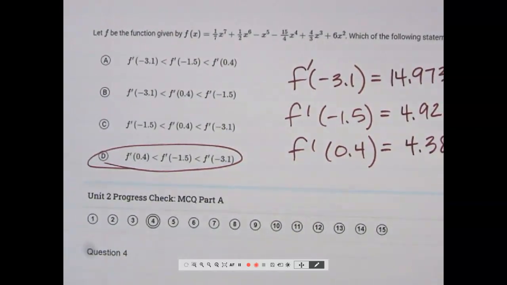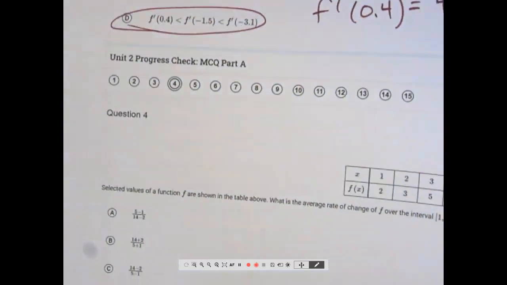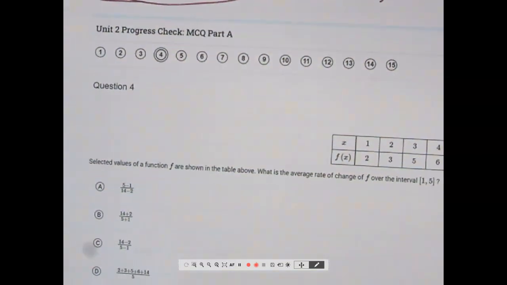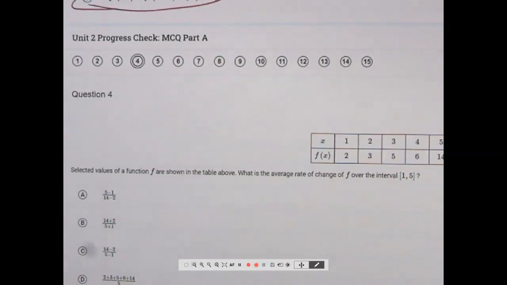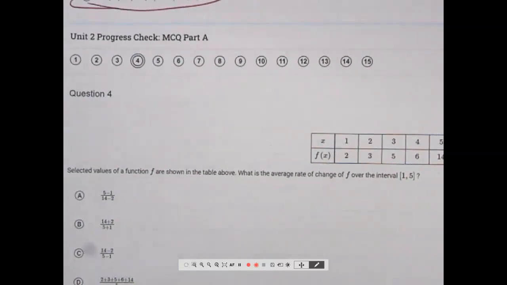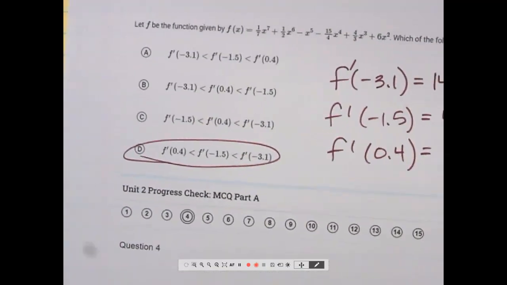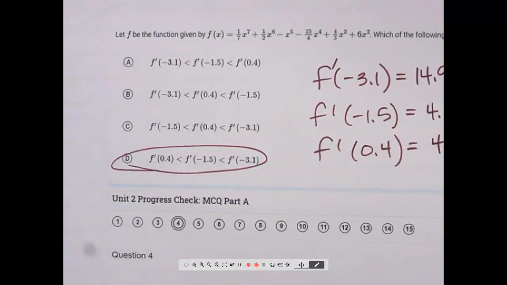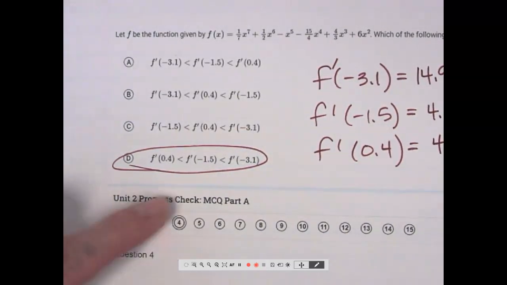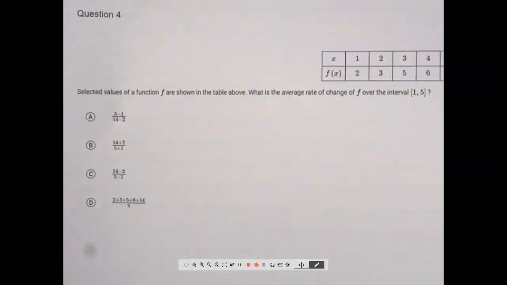Because if you do this exponent, whatever is bigger will always be bigger. Okay, fair enough. So for these, there's a pattern, obviously, because there's the biggest, middle, and then the smallest, and then the answer choices. Will that always be the case? No. It just depends on what the function looks like.